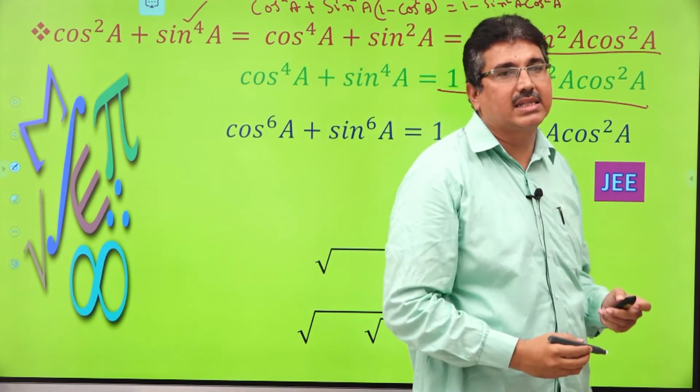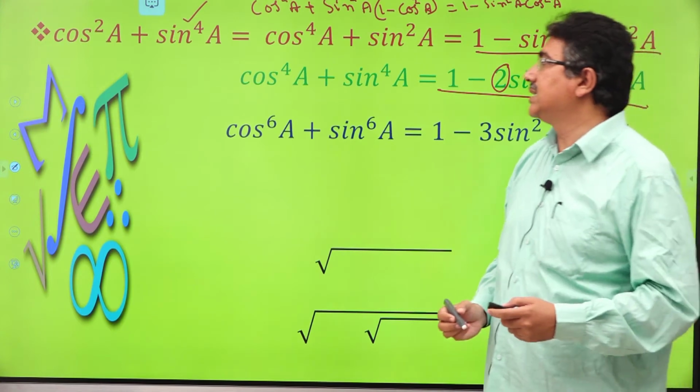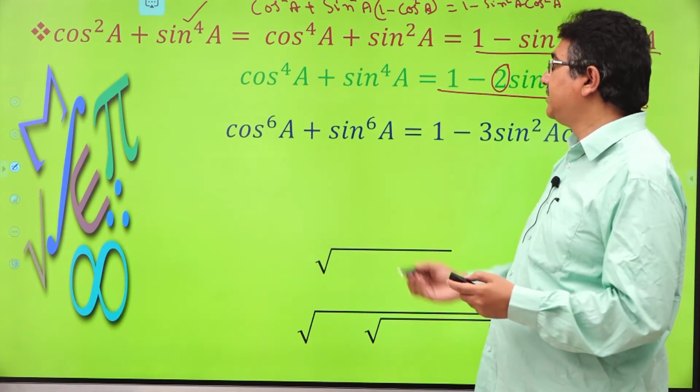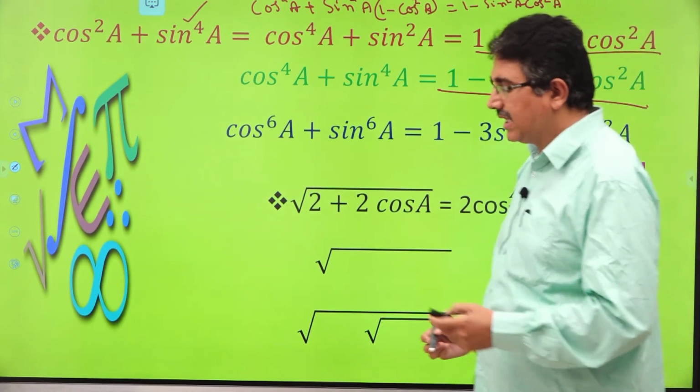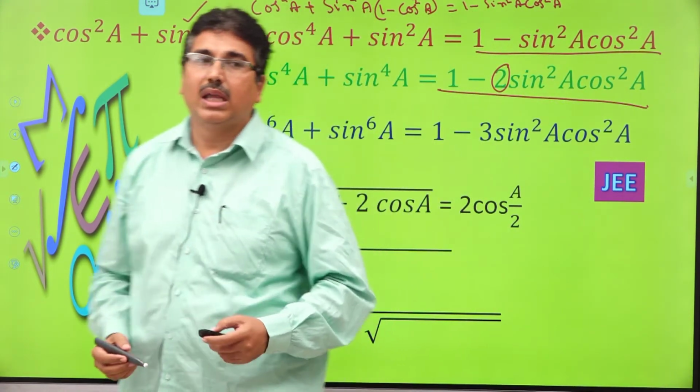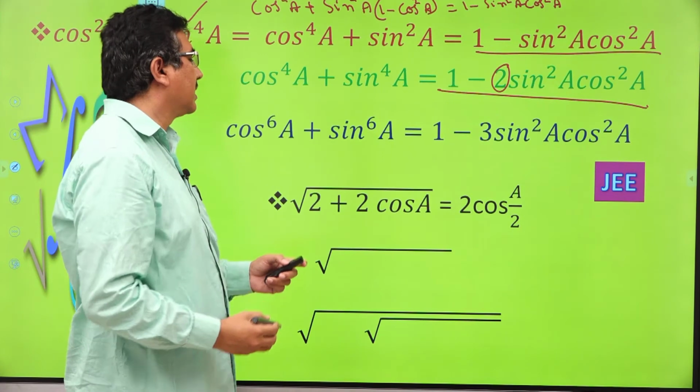Remember, these results are very, very important. Okay? Right. Now, see another result, square root of 2 plus 2 cos A.